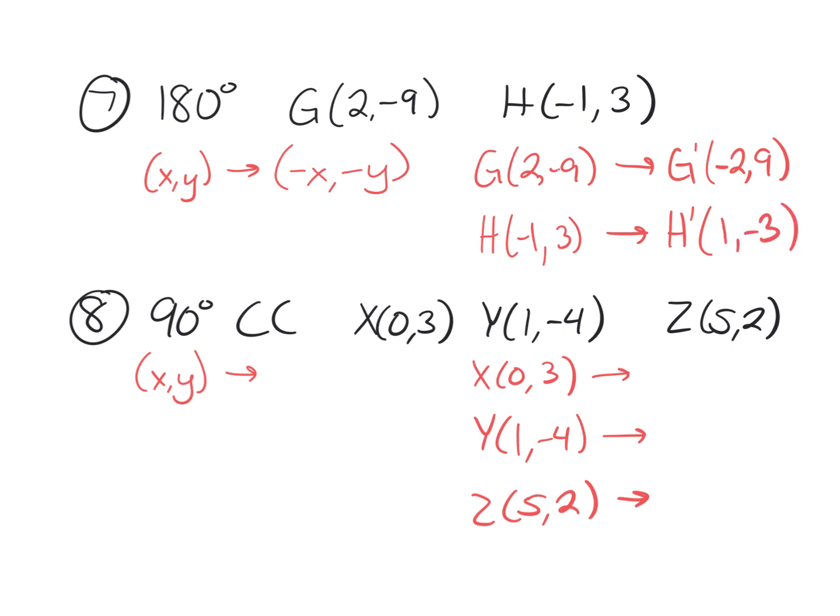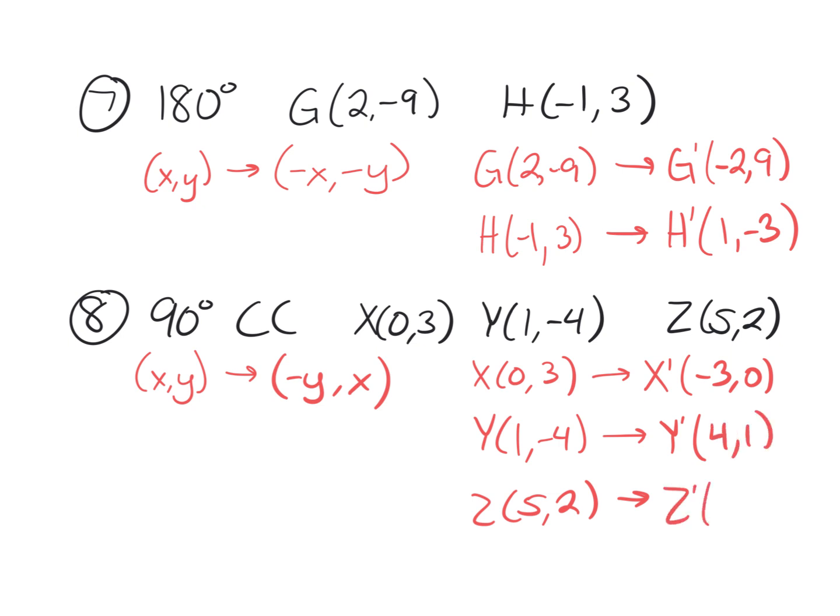What's my rule for 90 degrees counterclockwise? Yep, -y, x. What's my x prime? -3, 0, good. Y prime? 4, 1, good. And then the last one, z prime? -2, 5, thank you.